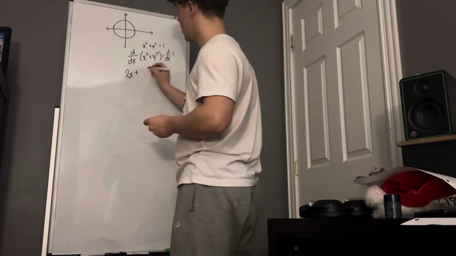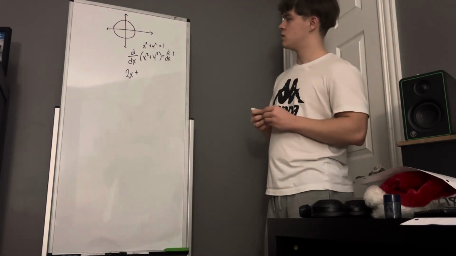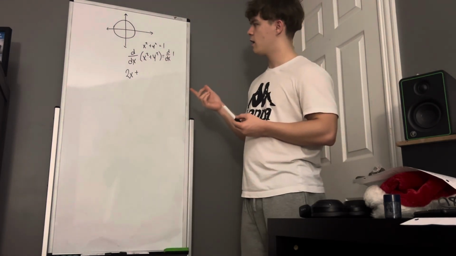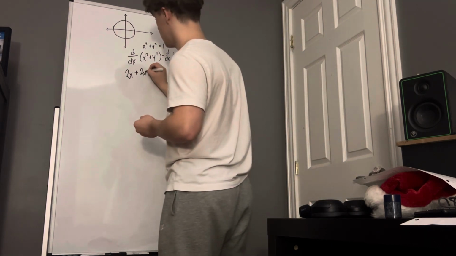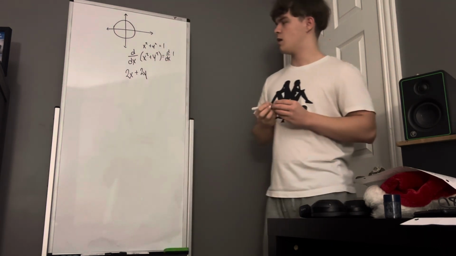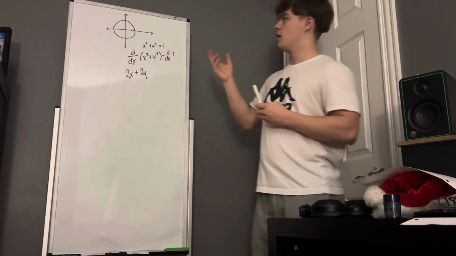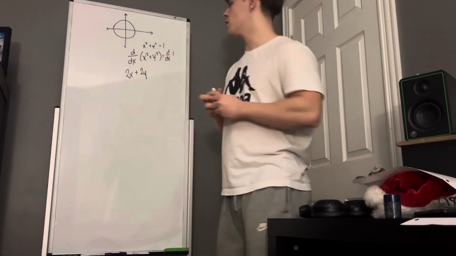So, let's take a look at this. Well, what we're going to have is 2y, right? We're going to differentiate with respect to y. And let me just write the chain rule over here for you guys.